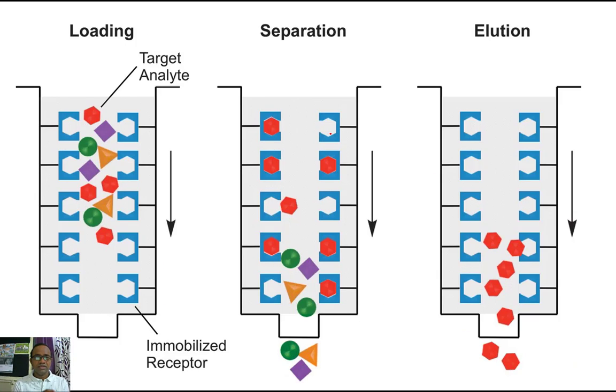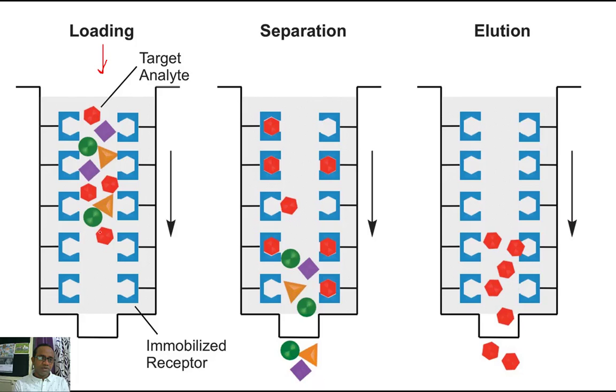So this is exactly the process of affinity chromatography. After preparing the matrix with the ligand in the column, okay, we add the sample of a different mixture. Right? Then from the different mixture of the sample, only the sample having the specificity with the ligand molecule will bind. Right?